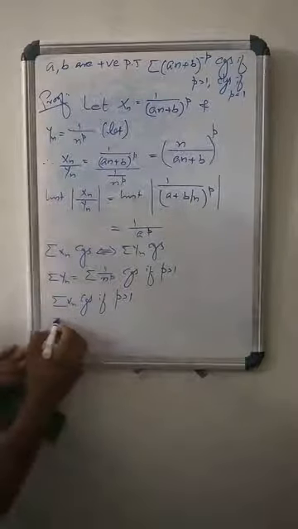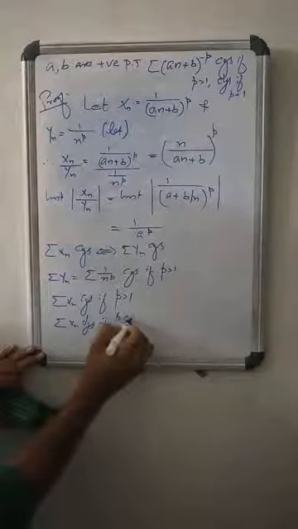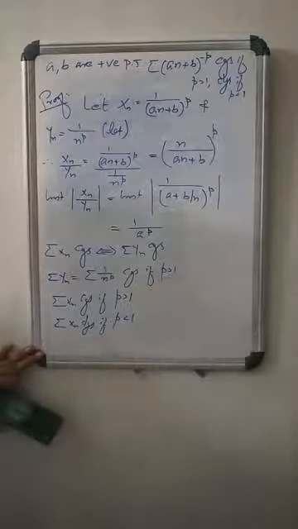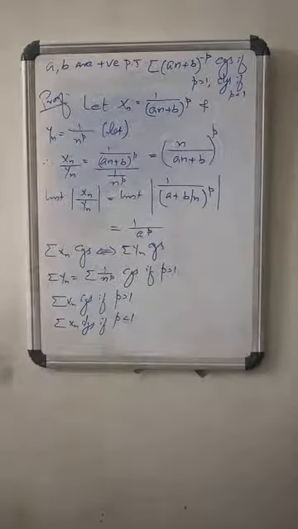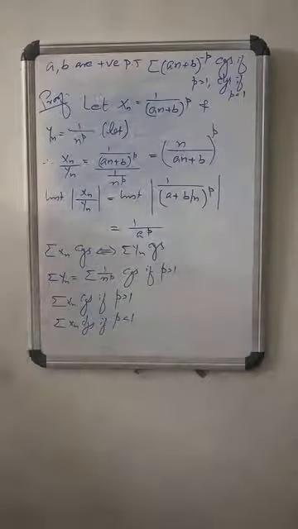Similarly, sigma xn diverges if p less than 1. So by using limit comparison test and by the choice of yn, which is 1 by n power p, sigma xn converges if and only if sigma yn converges. But sigma yn is sigma 1 by n power p that converges when p greater than 1 and diverges when p less than 1.